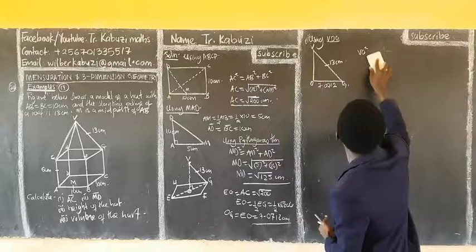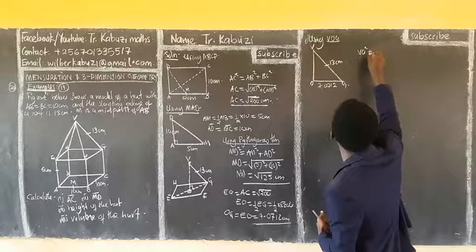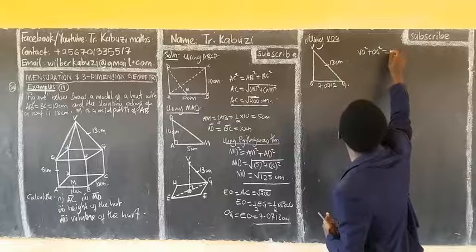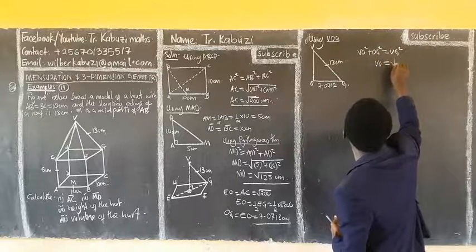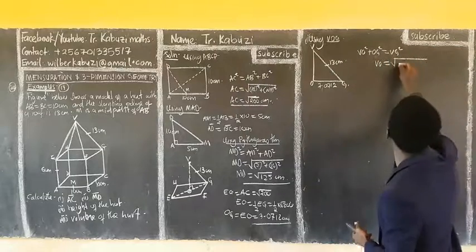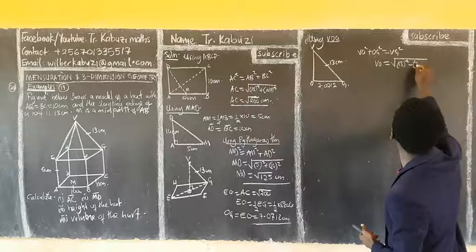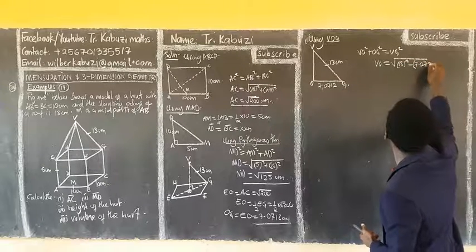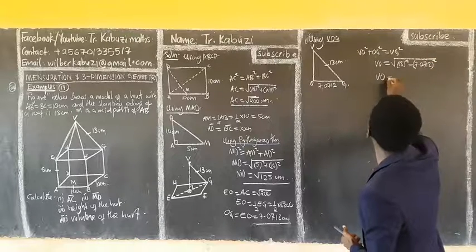My big O plus OG is equal to VG squared. That my VO is going to be the square root of VG, which is 13, squared minus OG squared.